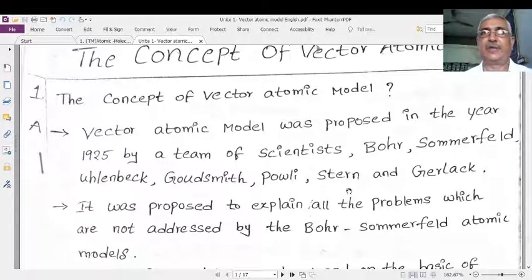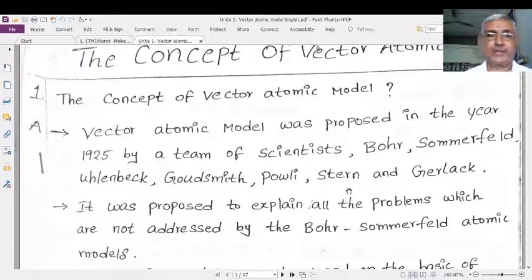It is unable to explain the effect of electric and magnetic fields on the spectrum, that is the Zeeman effect and Stark effect. And it is unable to explain the fine structure of the spectral line. Fine structure of the spectral line means every spectral line is a combination of small and faint spectral lines.